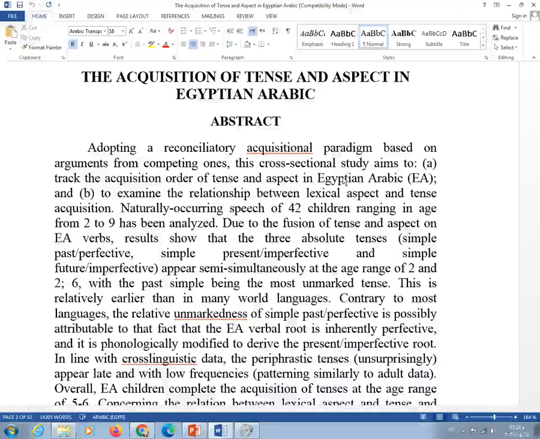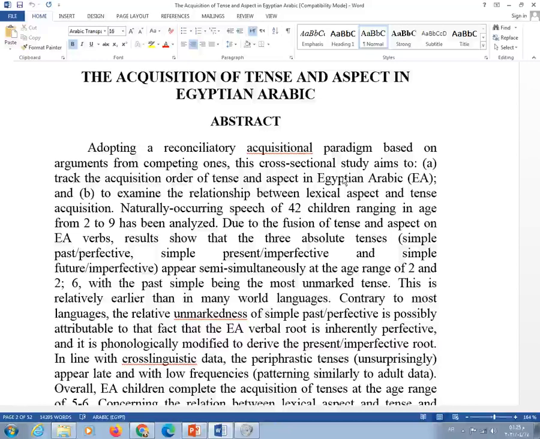Number one, a case study: to get a child and to trace the acquisition of, let's say, tense and aspect in his early life span. And you check this every 2 weeks, for example, to see and record the changes. And this needs that you have a child, and this takes years to finish the job.